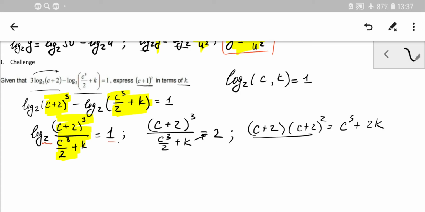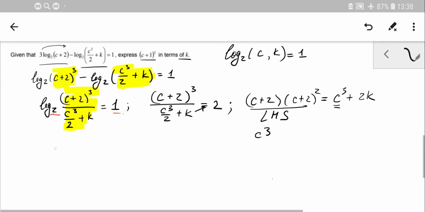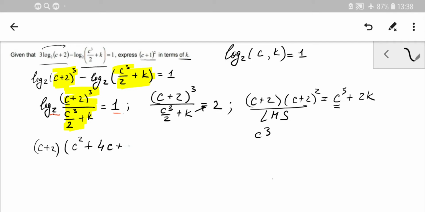If you start expanding the left hand side, you'll get c cubed, which will cancel with the right hand side. Now we simply expand: c plus 2 squared means c squared plus 4c plus 4, equals c cubed plus 2k.